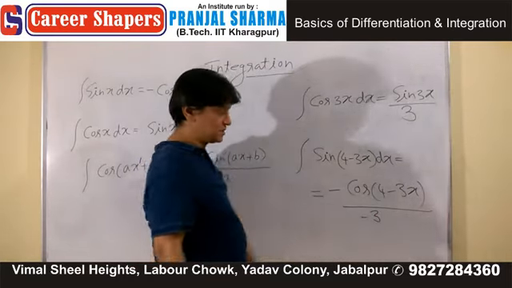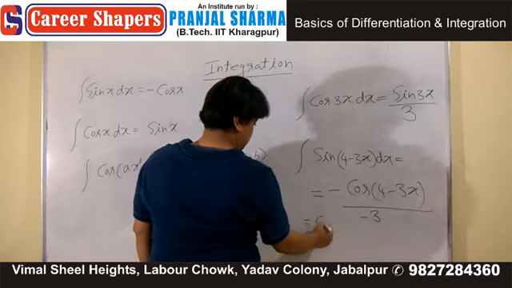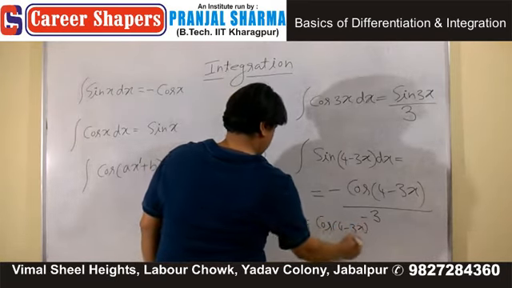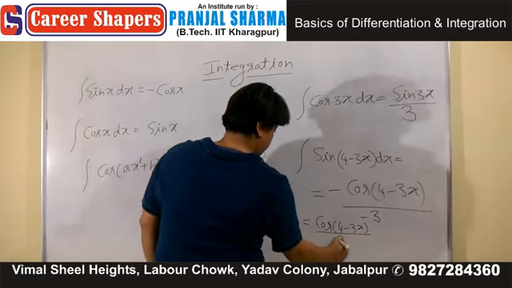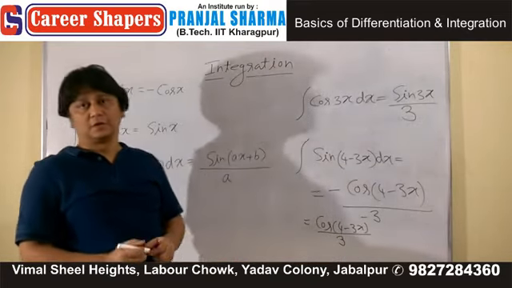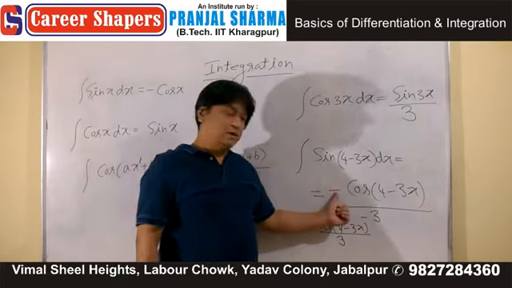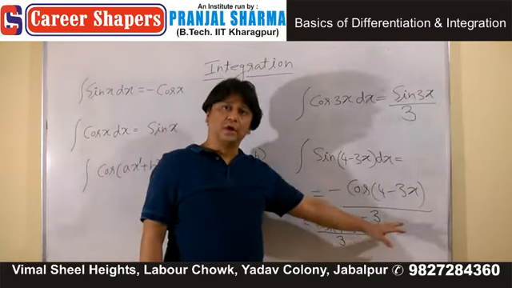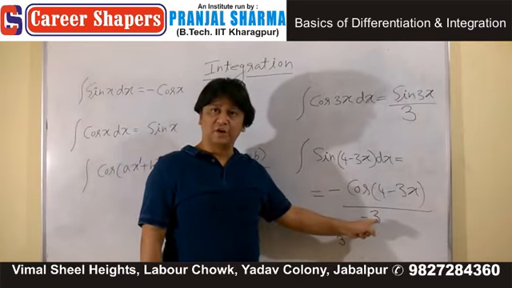Negative, negative cancel, and your answer is cos of 4 minus 3x divided by 3. That's the answer. Standard formula, and then divide the whole thing by the coefficient of x.